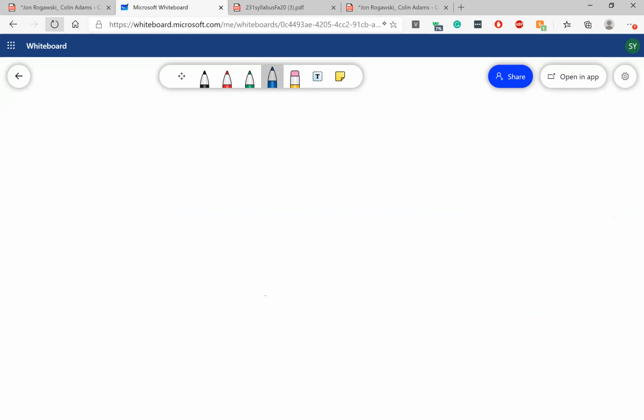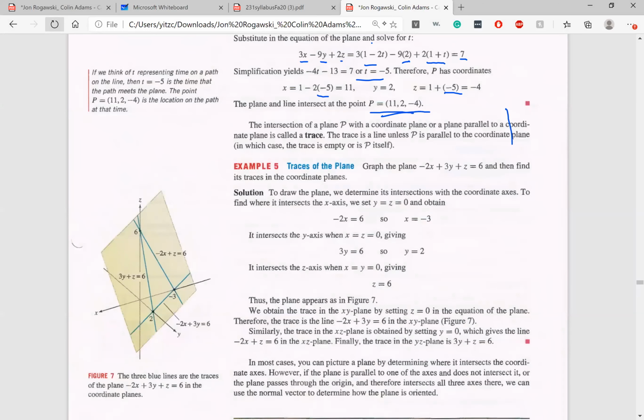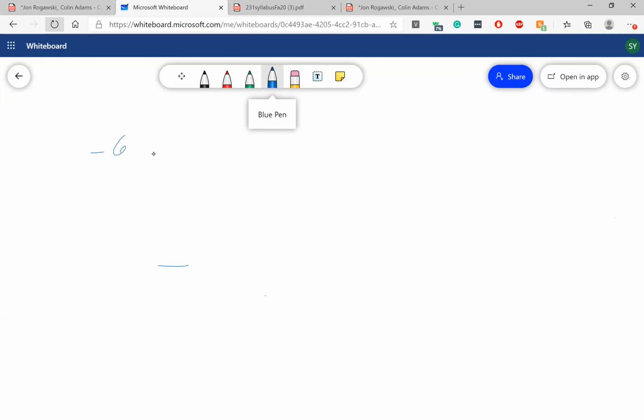So the plane that we're looking at is negative 2x, so negative 2, 3, 1.